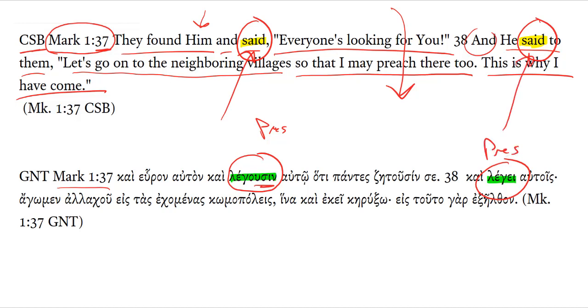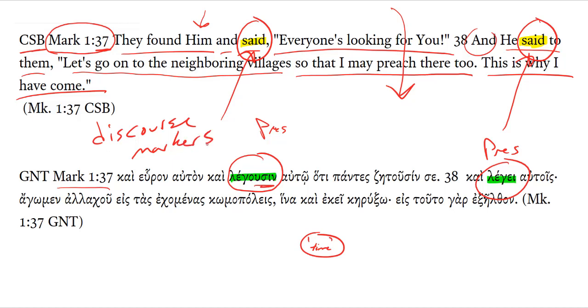Why is that? Well, it's a reminder that present tense verbs in Greek don't just convey activity that's happening in the present. Remember, time is a little tiny element of the Greek verbal system. And one of the functions of different tenses is to communicate discourse markers.